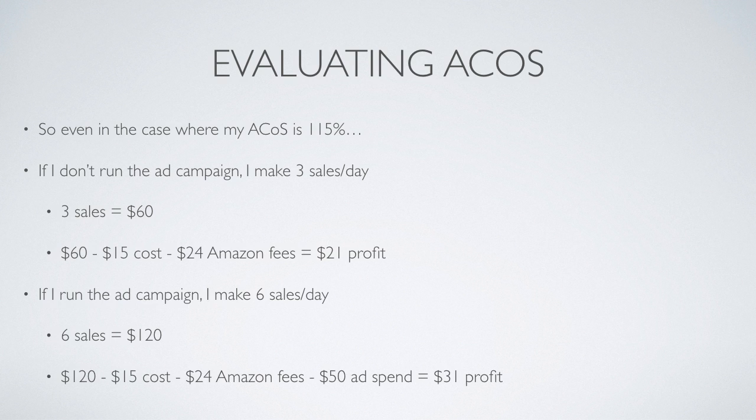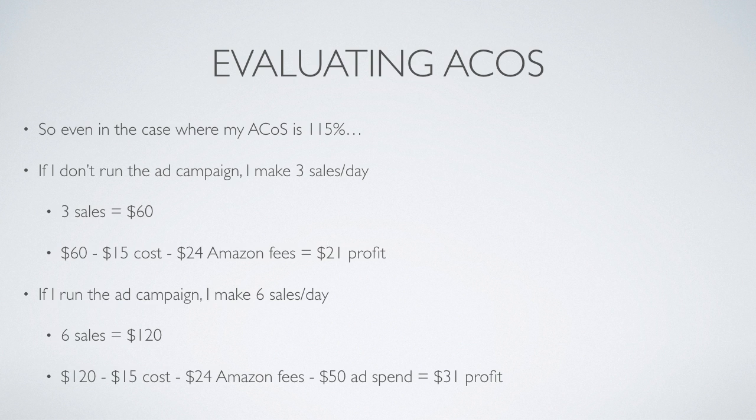And then I subtract my cost of $15 and my Amazon fees of $24, right? From that $120, and then I also subtract what I spent on ads, okay? So in the first scenario, I didn't run any ads, so there's no ad spend there to subtract from my total revenue. Whereas in this second case, I spent $50 on ads to get 3 additional organic sales, okay?